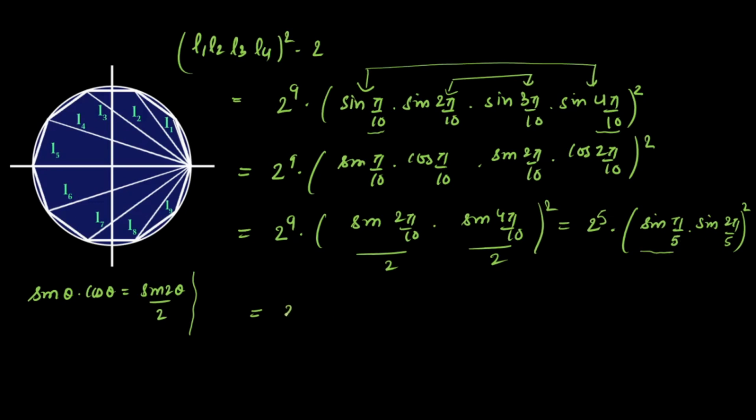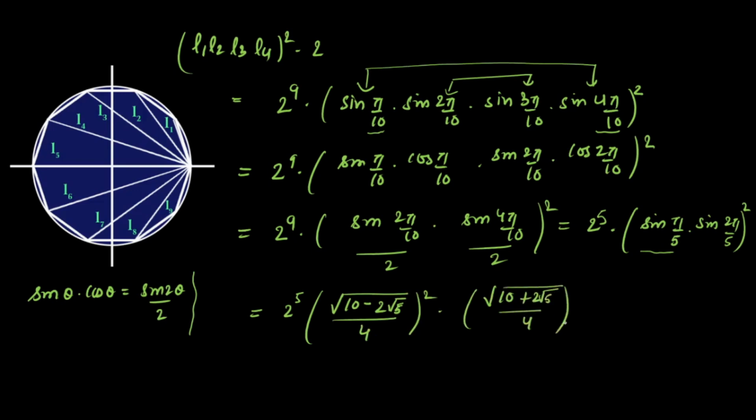So I'm going to write the standard values, that is 2 raised to power 5 multiplied by the standard values, which are root over 10 minus 2 root 5 whole root divided by 4 whole square multiplied by root over 10 plus 2 root 5 whole divided by 4 whole square. Now I'm going to simplify this expression, that is 2 raised to power 5 is here.